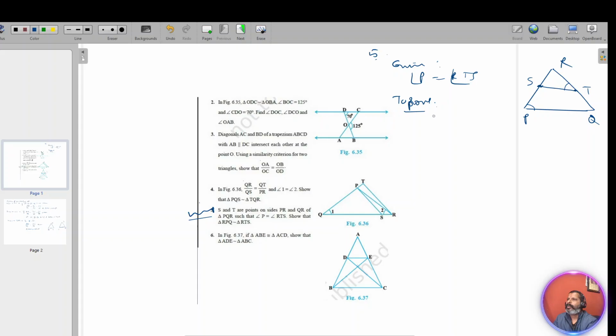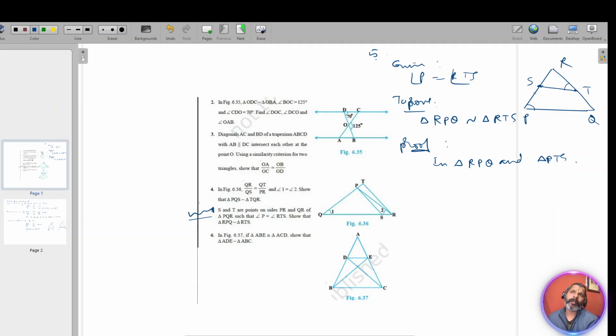To prove triangle RPQ similar to triangle RTS. We will write the proof.